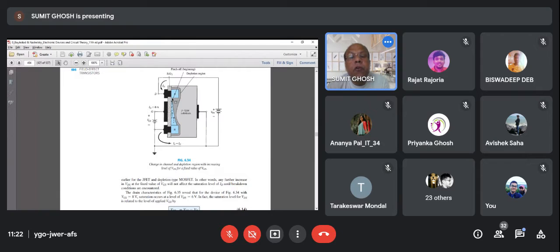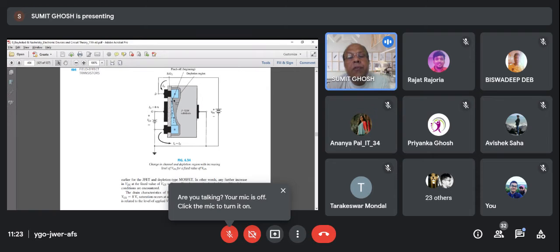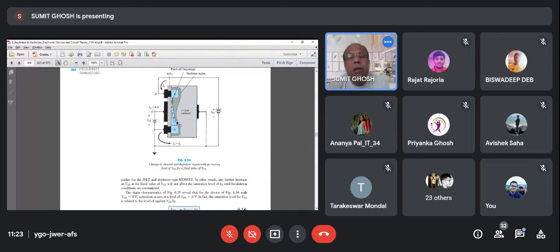Somewhere here it is 2 volts, 1.9 volts, 1.8 volts, 1.7 volts, and it goes on till it becomes 0 volt. Here there is no reverse bias; here is maximum reverse bias. That's why the width of the depletion region is maximum here, and as you go downwards towards the source, the depletion width becomes less and less till the equilibrium depletion width exists.